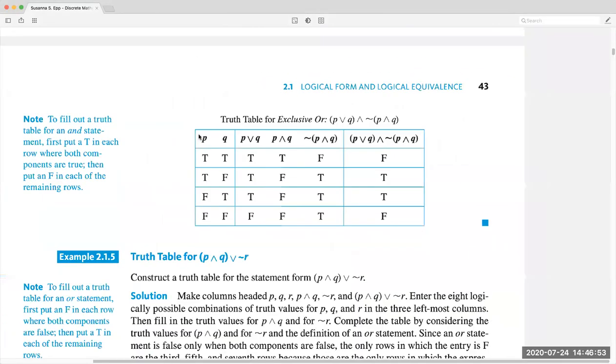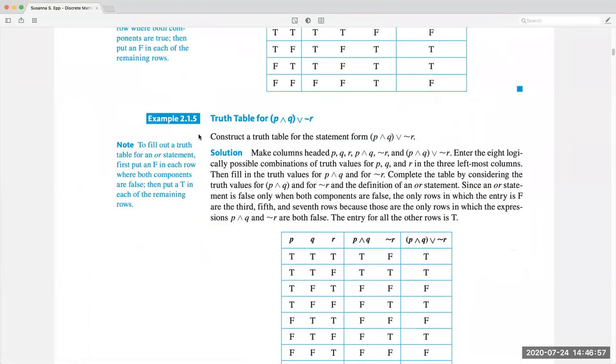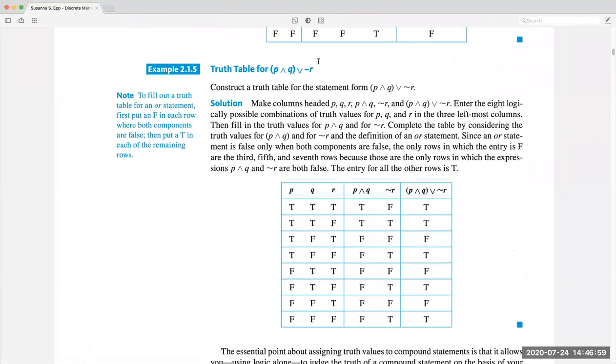And if no question, then you can have a look at this one. Because there are 3 variables, either P, Q, or R can be true or false. So in total, there are 2 times 2 times 2, that means 8 possible inputs. And then there are 8 possible outputs. So maybe you take 1 minute to have a look at this table.